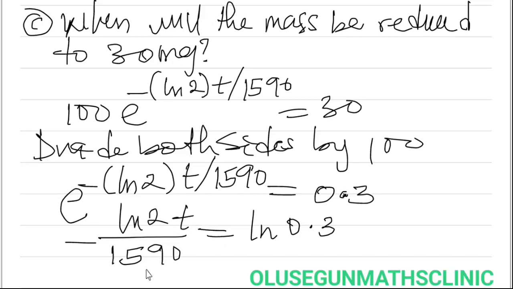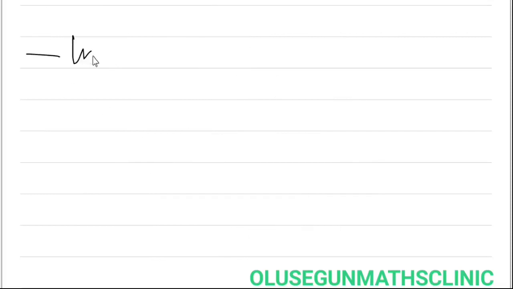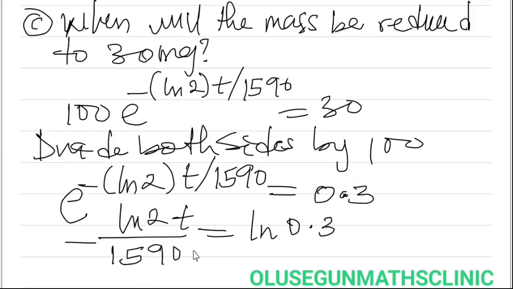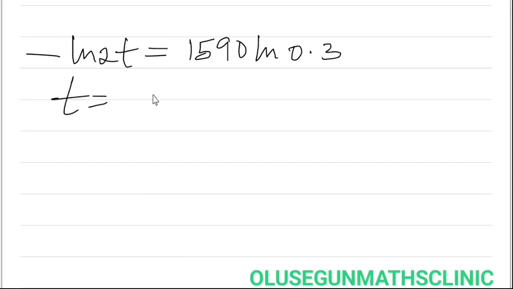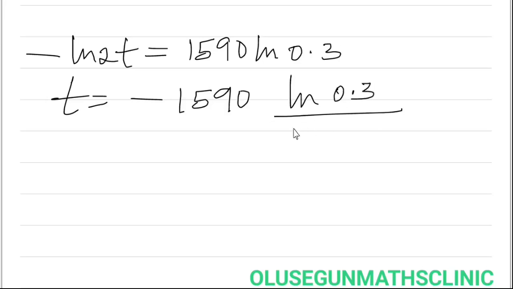So minus ln 2 t will be 1590 ln 0.3. So our t will now be minus 1590 ln 0.3 over ln 2.